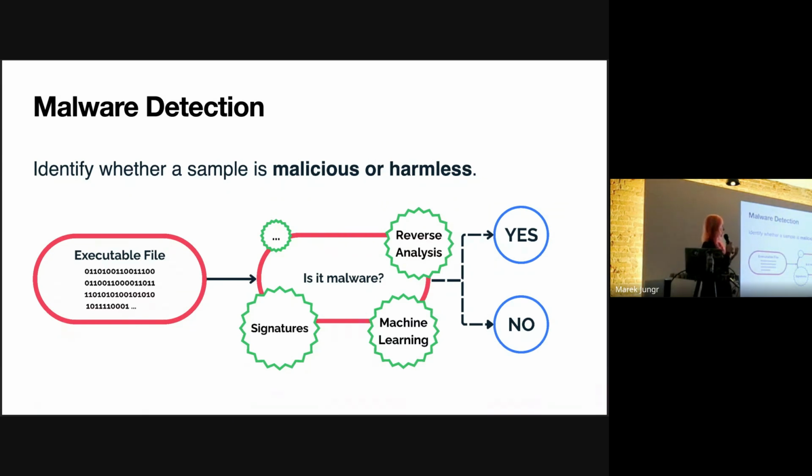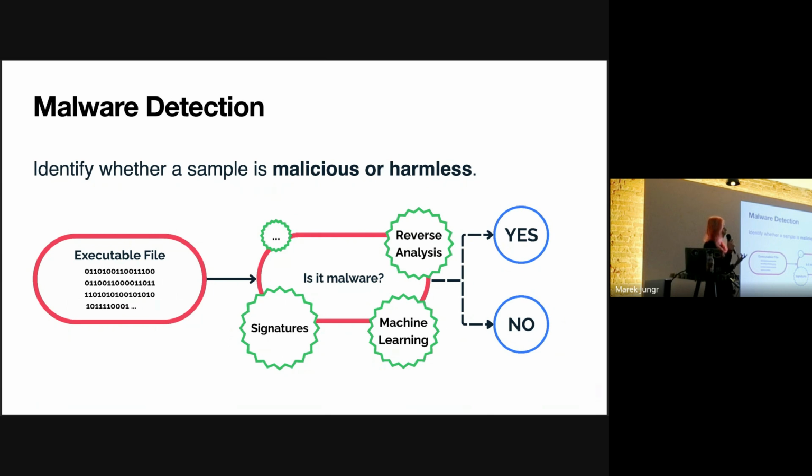And you can answer this question in multiple ways. In the simplest way, you can have a malware analyst who looks at the binary file and analyzes it, and at the end comes up with the answer: is it malware? Yes or no.